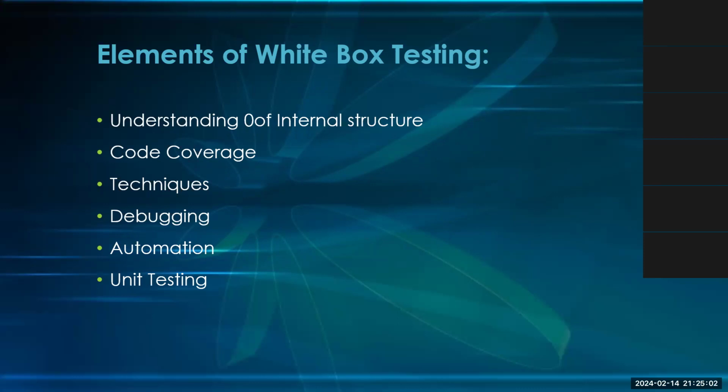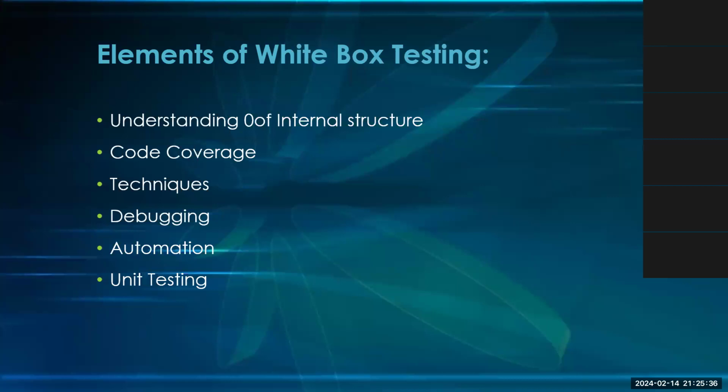And for code coverage, which will be elaborated more in test management, I think in the next class, not for tonight, but I'll just take it briefly. Code coverage aims to achieve high coverage by ensuring that all statements, branches, conditions, and paths in the code are executed during testing.